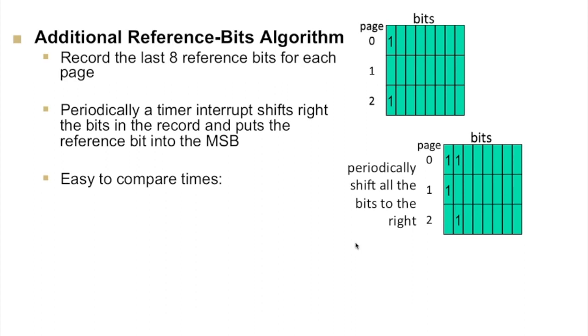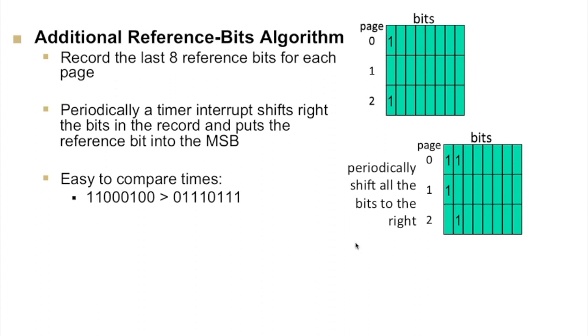And then page 0 was referenced again in the history, the second bit, whereas page 1 was not. So page 0 has been referenced more recently than page 1. And both of those pages have been referenced more recently than page 2.